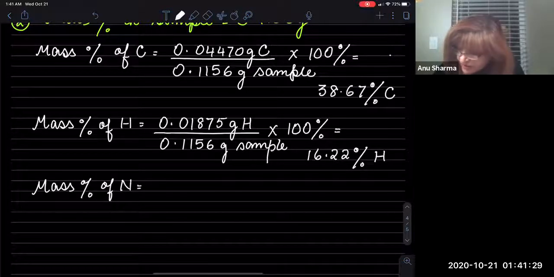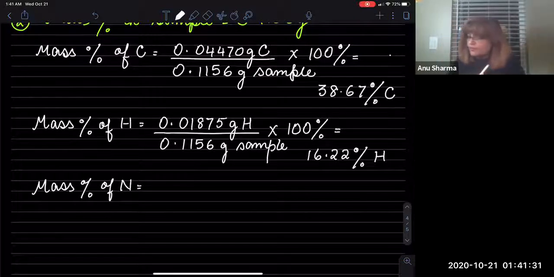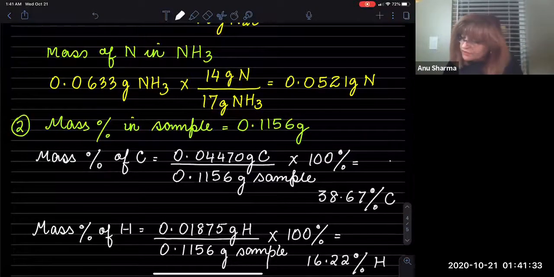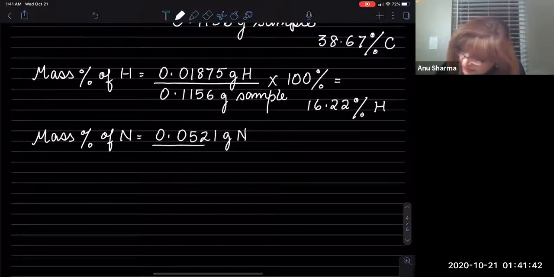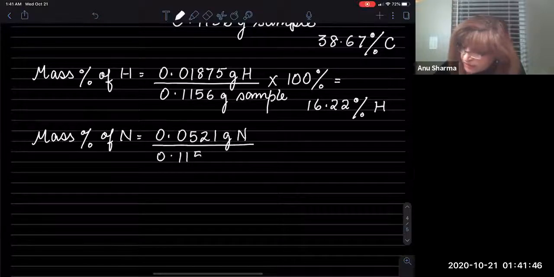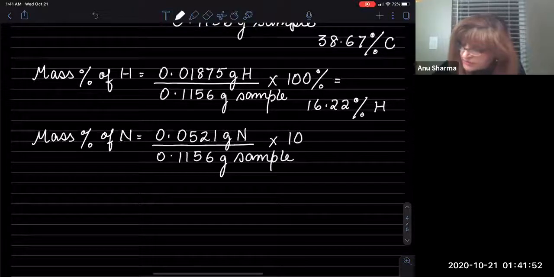Next is the mass percent of nitrogen. How much is that? So 0.0521 grams of nitrogen is present in the total 0.1156 gram sample, times 100%.